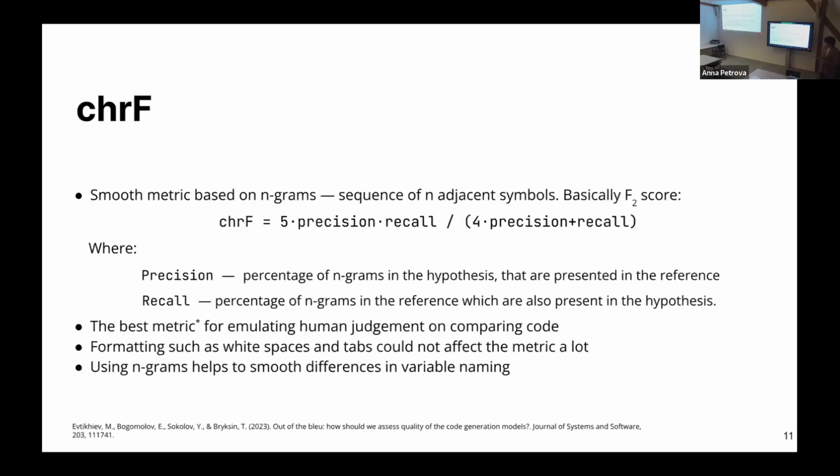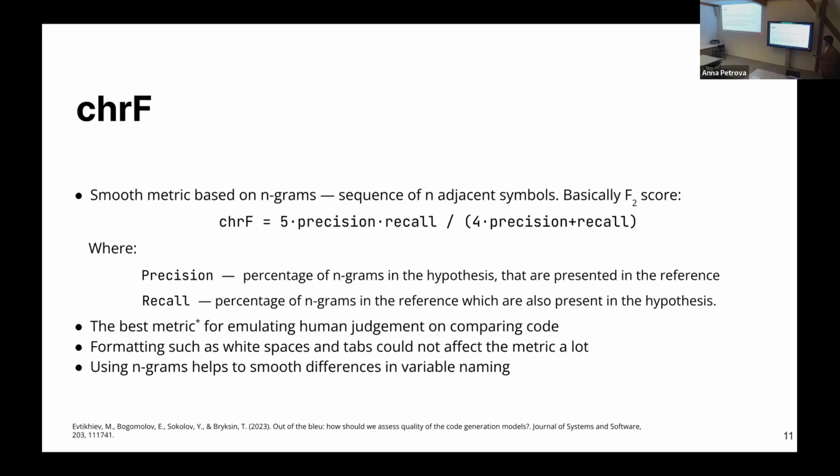Our second implementation uses chrF. It's a metric that came from the large world of natural language processing. And the first question: why have we chosen this metric?